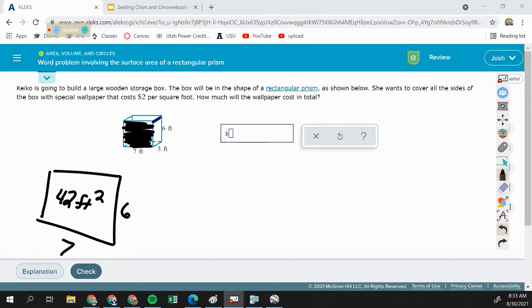So let's do this side. That one is going to be 18 feet squared. Okay, what about this side? That's going to be 7 times 3, which is 21 feet squared. Now what?